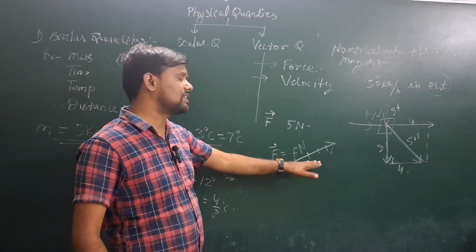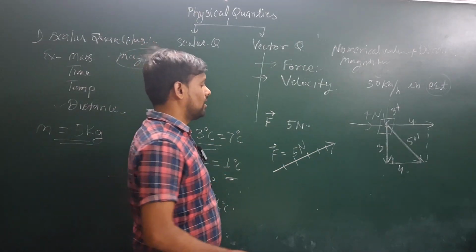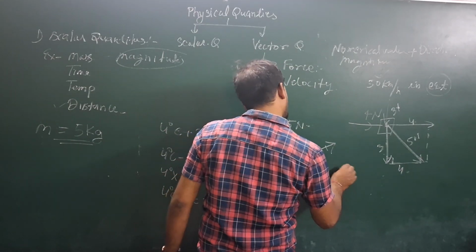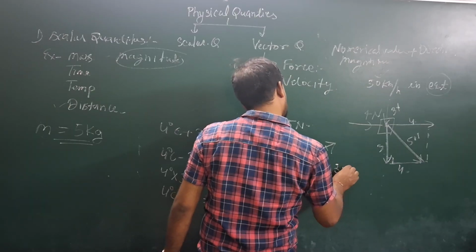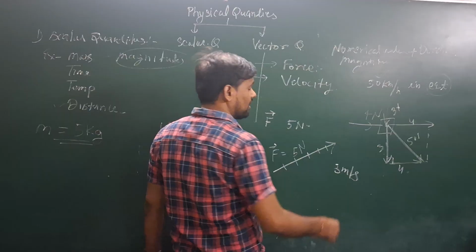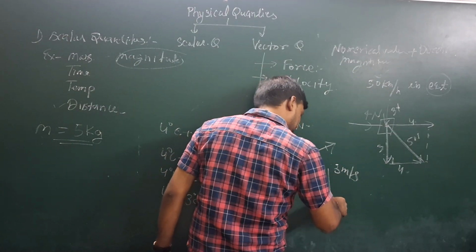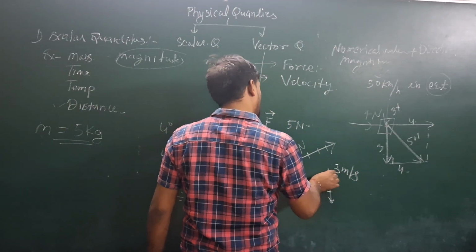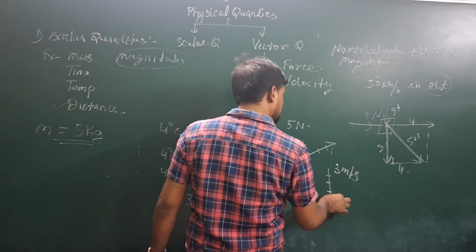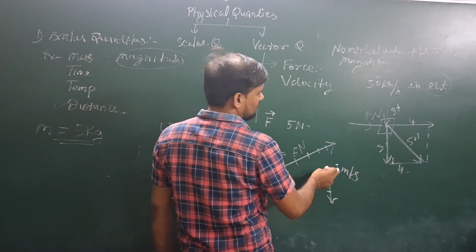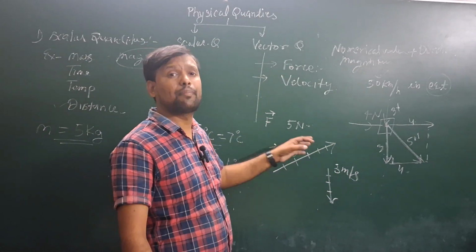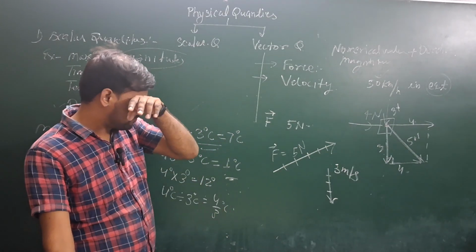We apply the same arrow method. 3 meter per second downwards we represent by a 3 centimeter arrow pointing downwards. The direction is represented by the tip of the arrow and the magnitude is represented by the length of the arrow. This is the representation of vector quantities.